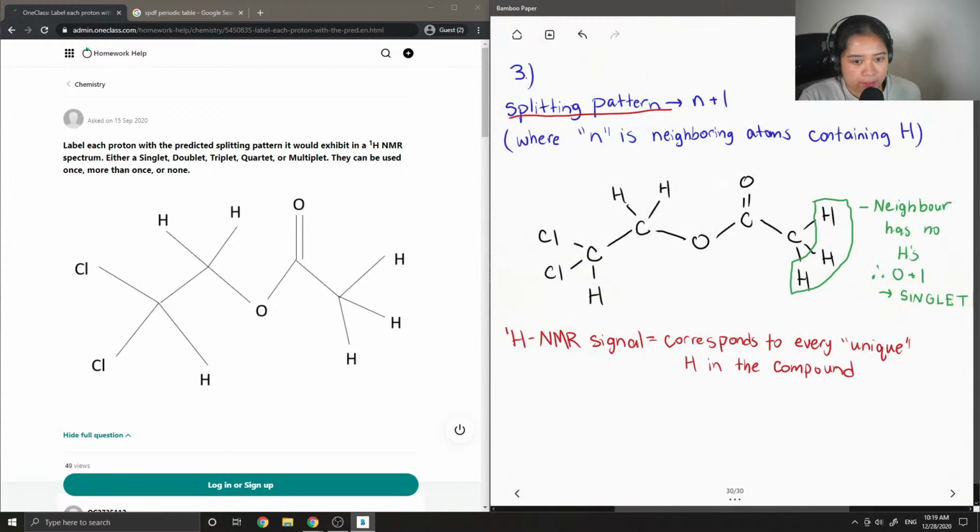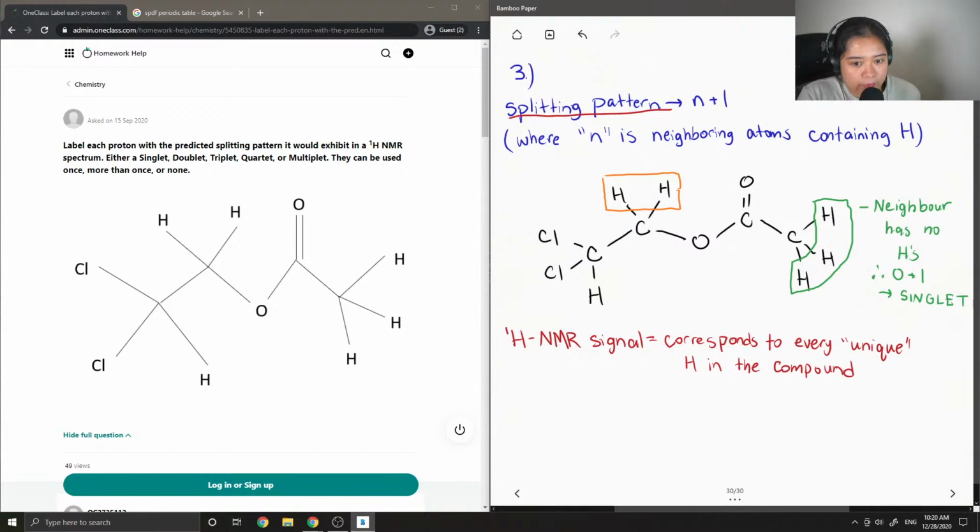Next, let's look at the 2 hydrogens here. So these 2 hydrogens are considered identical, so they also have a signal on the HNMR spectrum. And let's look at its neighbors. Their carbon is bonded to an oxygen, and it's also bonded to a carbon that contains 1 hydrogen.